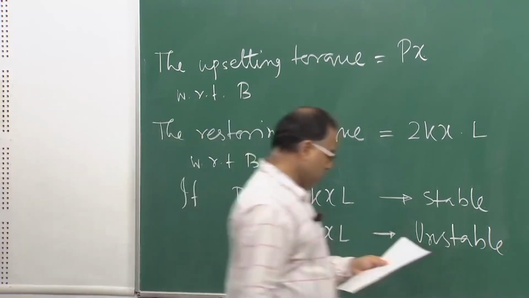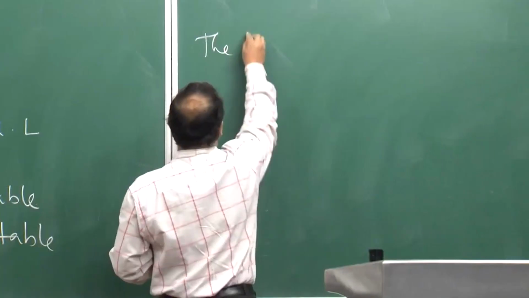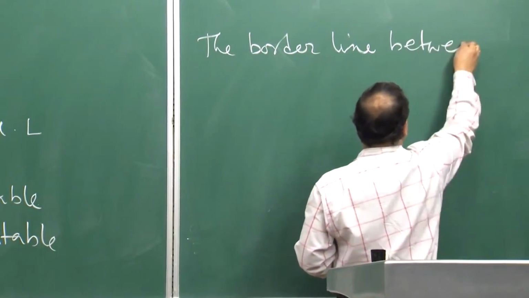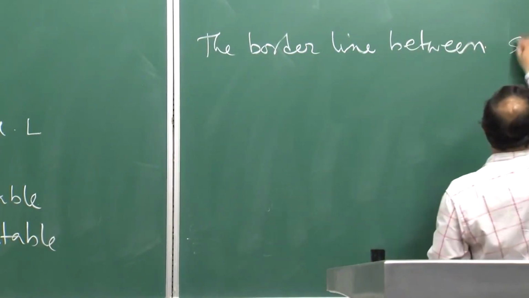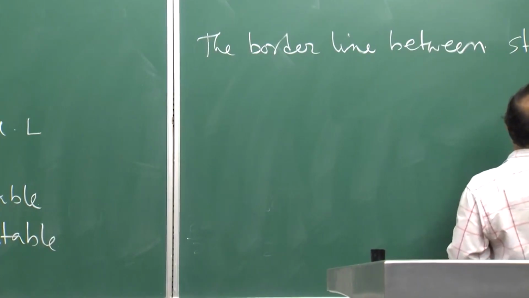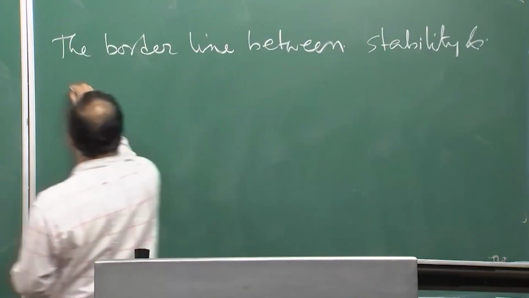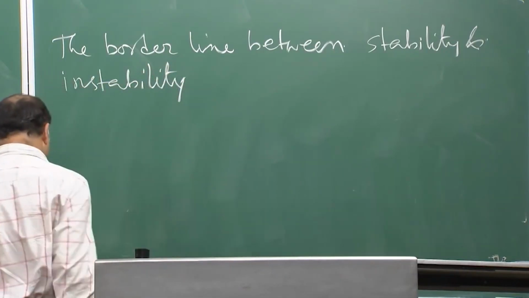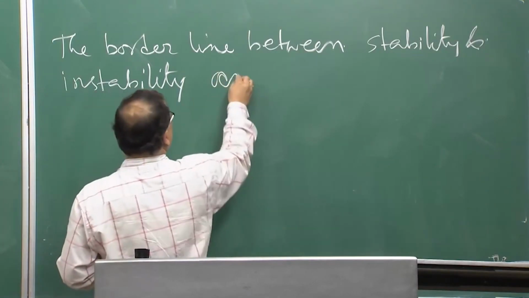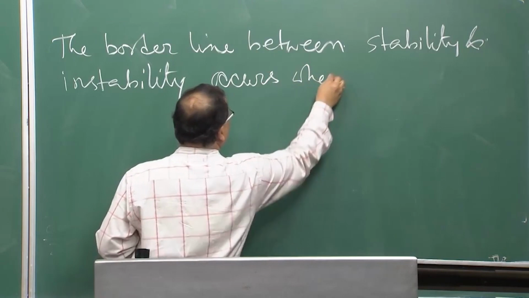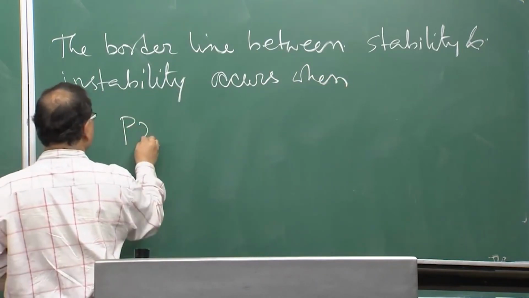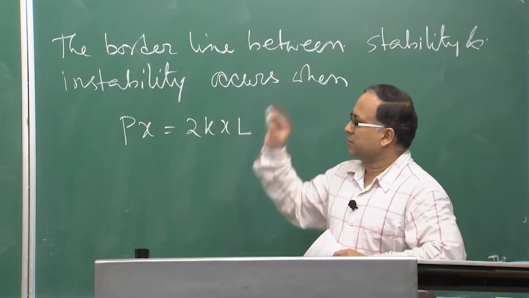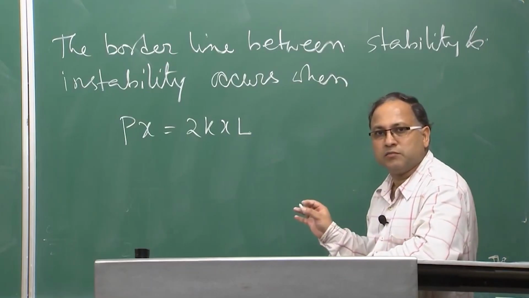Therefore, the borderline between stability and instability occurs when Px equals 2Kxl, that means the restoring torque is equal to the upsetting torque.